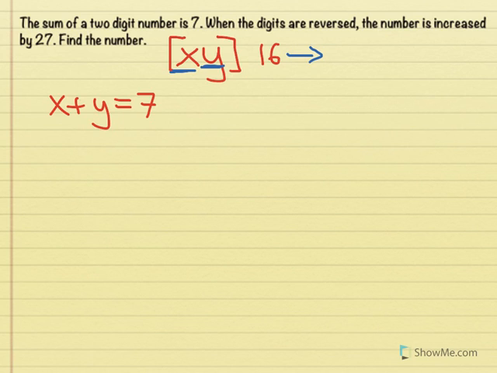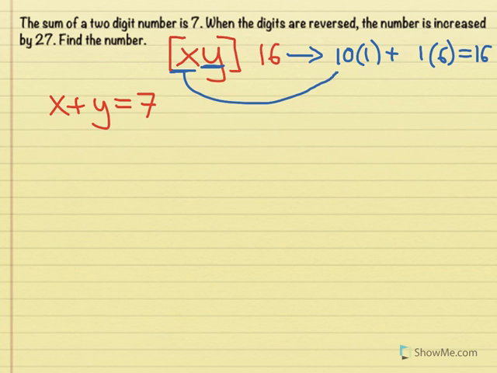It's 10 times 1 plus 1 times 6, and that equals 16. So all I'm doing is multiplying the number in the tens place by 10 and the number in the ones place by 1.